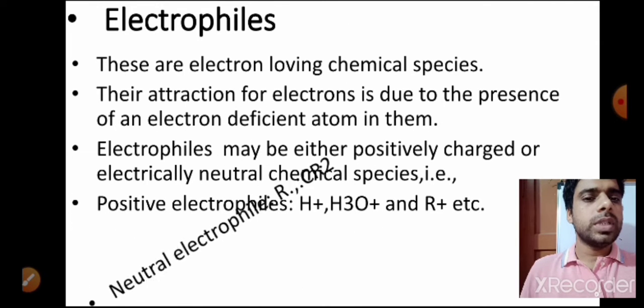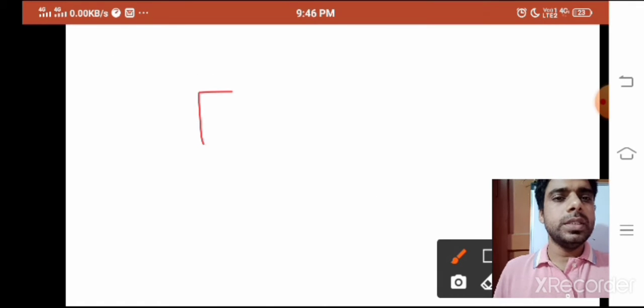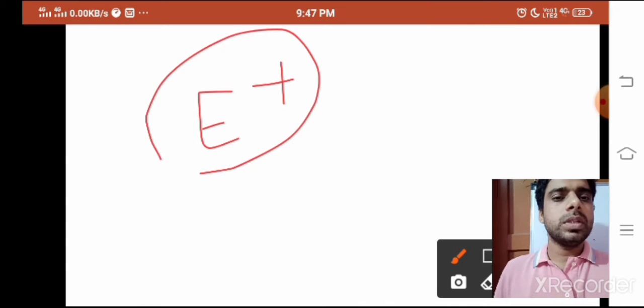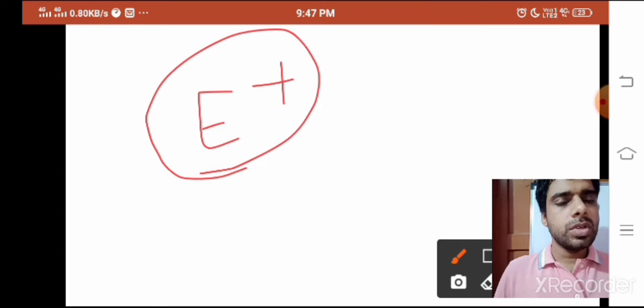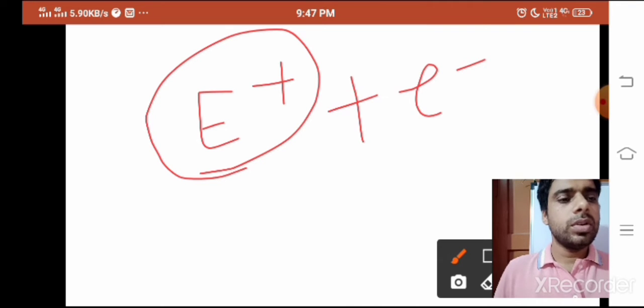If I write E positive, that means it does not contain electrons, so every time it will try to accept some electron, a pair of electrons or one electron, for its stability.